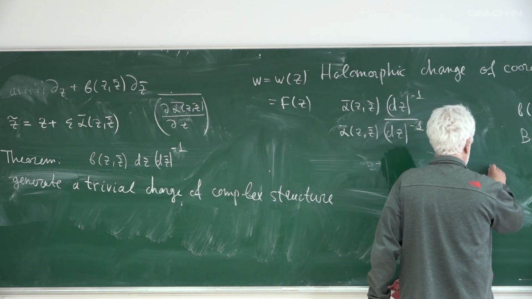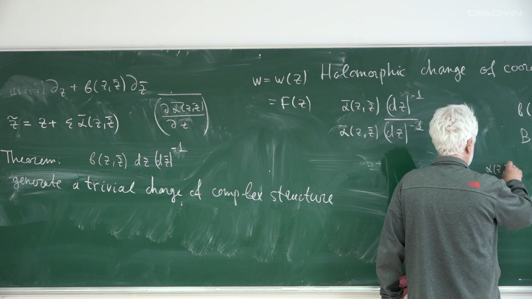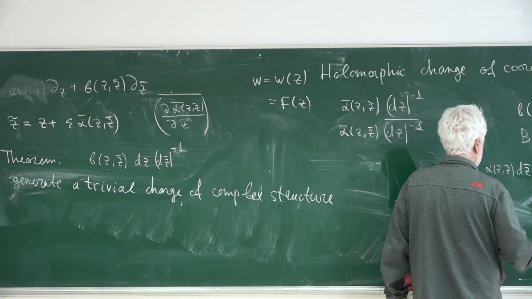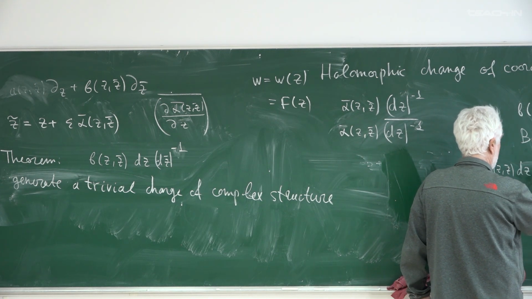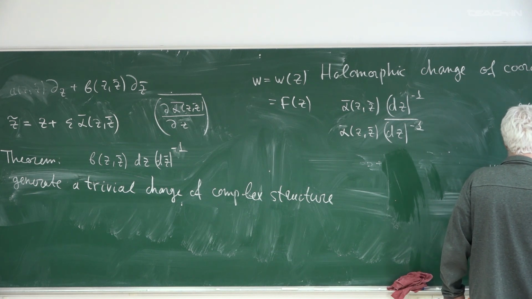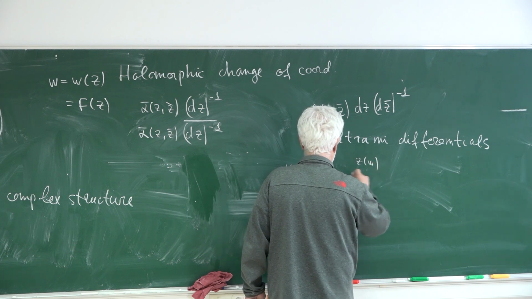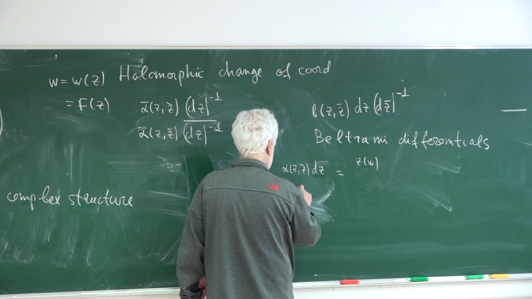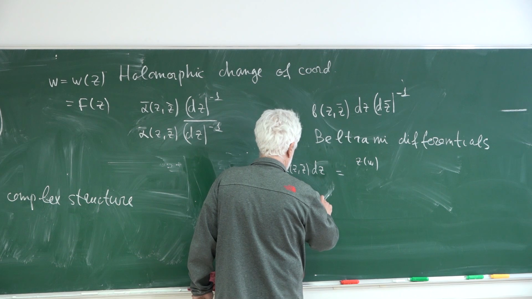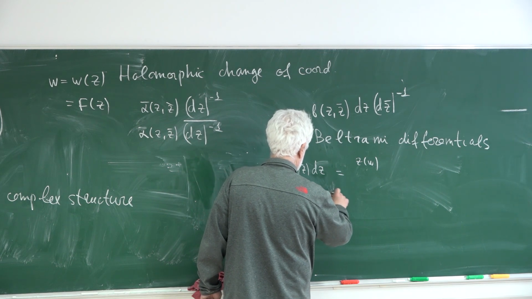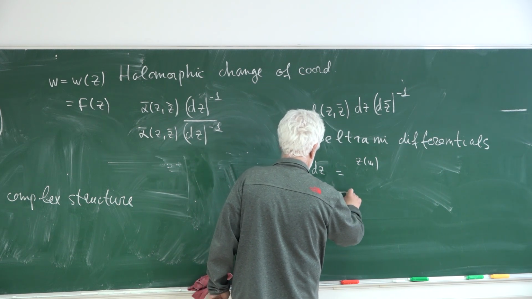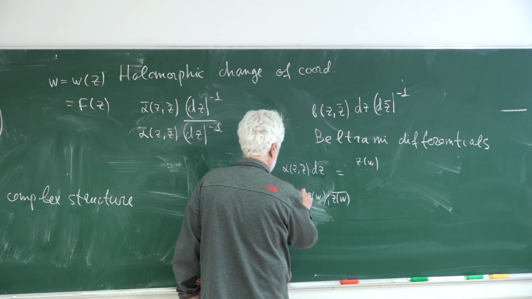For example, if alpha, this dz change, z of w, w bar.